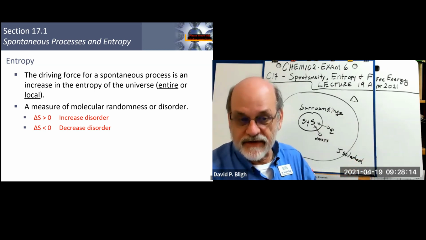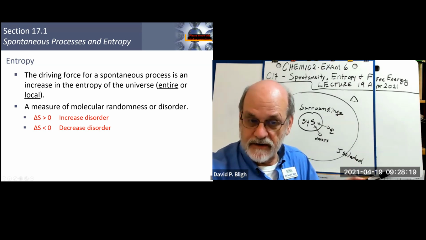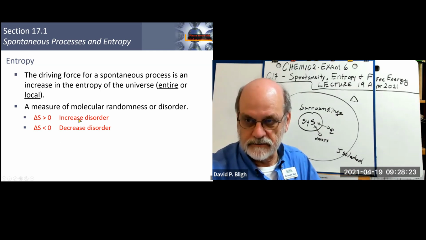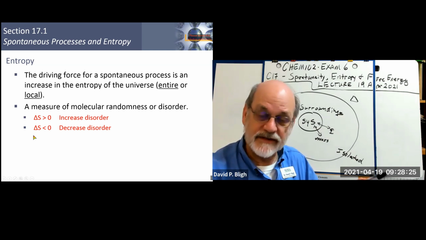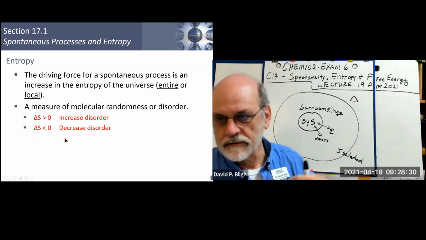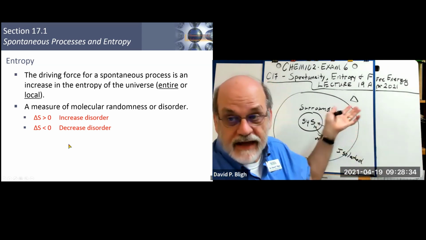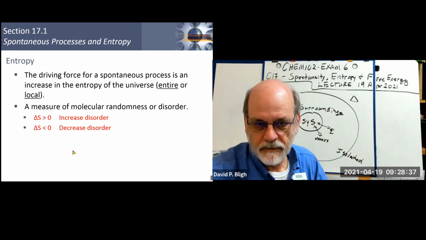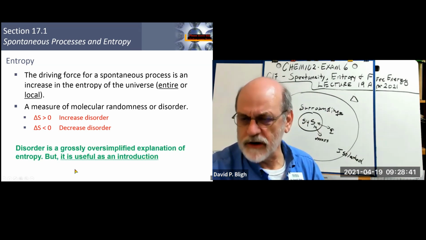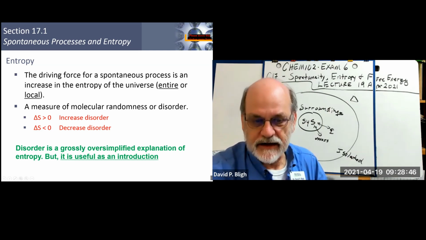So we say the delta S, the change in entropy. If it's positive, greater than 0, that means you've increased disorder. And of course, if it's negative, you decrease disorder. You've brought more order to the system or the surroundings, as the case may be. All right, while this concept is grossly oversimplified, the disorder concept, it still is useful.